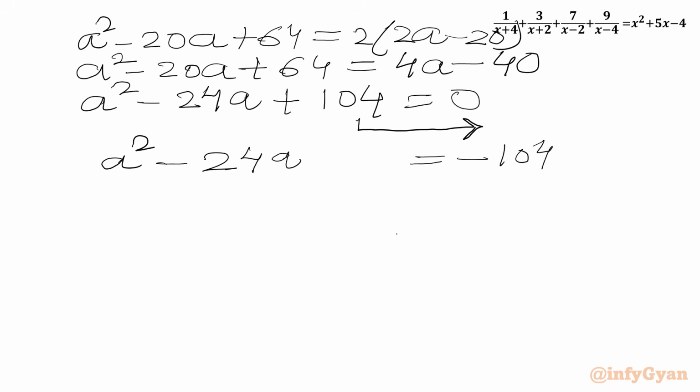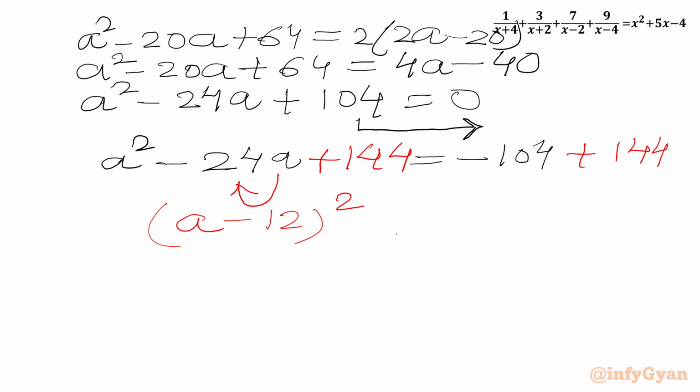Half of minus 24 is minus 12. Square of minus 12 is 144. So we have to add 144 to both sides. Now LHS will become a minus 12 whole square. And in RHS we'll get 40, which can be written as 4 times 10.